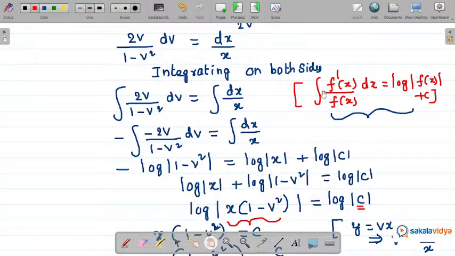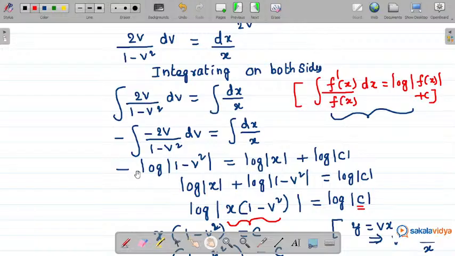Now this is in the form of integral f dash x by f of x dx, log mod f of x plus c. This is minus log mod 1 minus v square is equal to integral of 1 by x dx, which is log mod x. Because all the terms are in logarithms, the constant also we can write in terms of log only, log mod c.